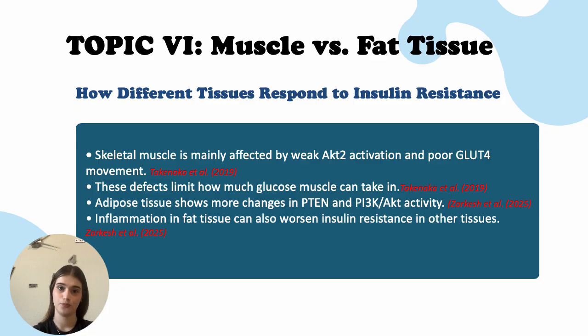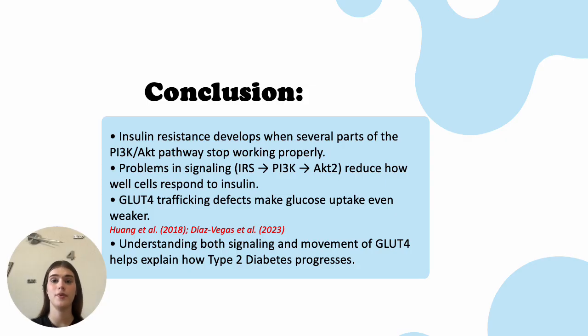So just to wrap everything up, the main idea is that insulin resistance doesn't come from just one single problem. It develops when several parts of the PI3K and AKT pathway start to weaken at the same time.